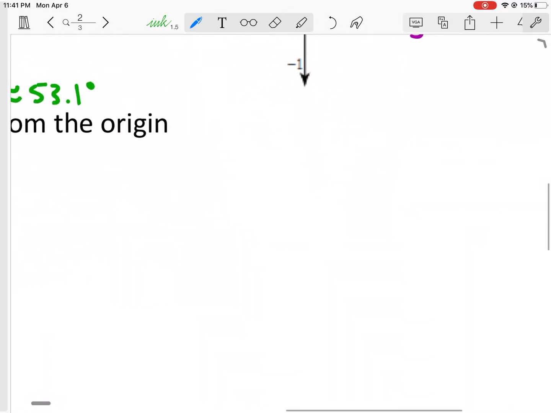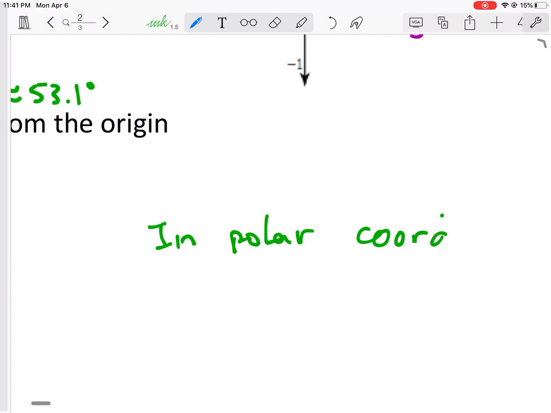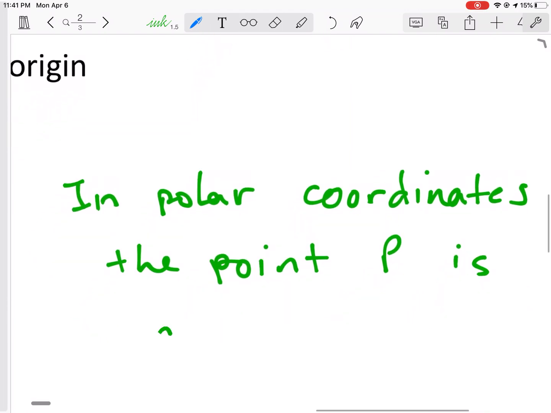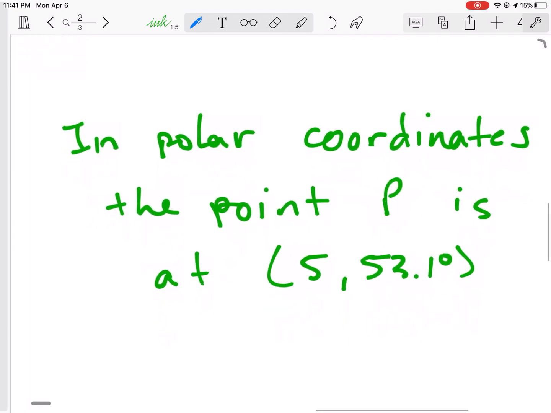So in polar coordinates, the point P is at (5, 53.1 degrees). This tells us how far out to go from the origin, and this tells us the angle that we rotate, 53.1 degrees.